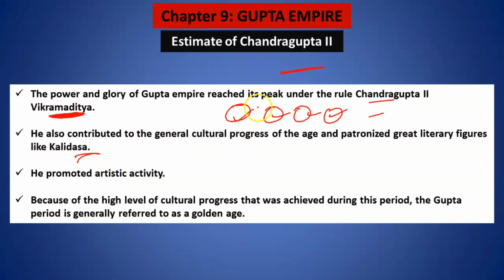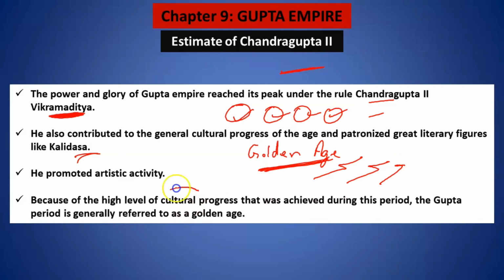And it is during his time that the Gupta Empire is regarded as the golden age. Why golden age? Because again there's a revival, a rebirth, of literature and art and culture. I hope this point is clear to all of you.